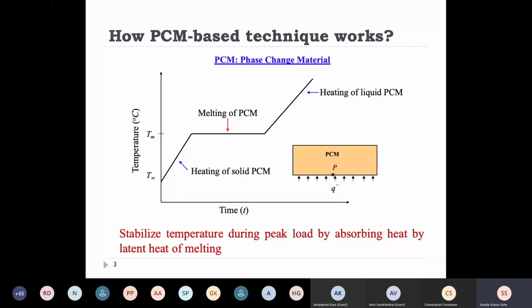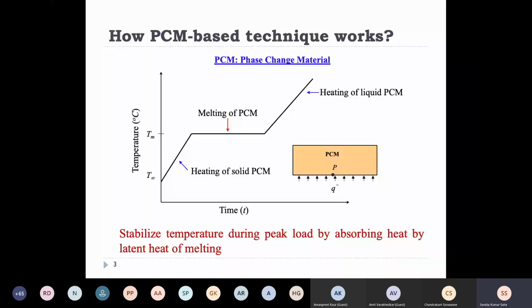So when the temperature of the ice as well as the water increases, during that time the heat absorbed by ice or water will be in the form of sensible heat, whereas during melting the absorption of heat will be in the form of latent heat.